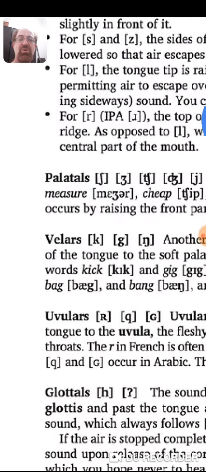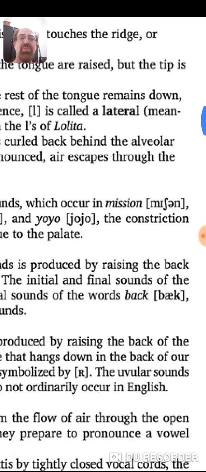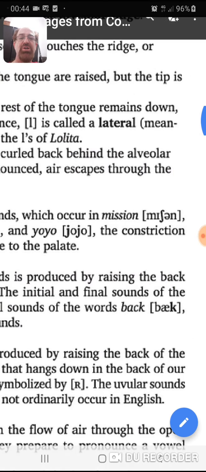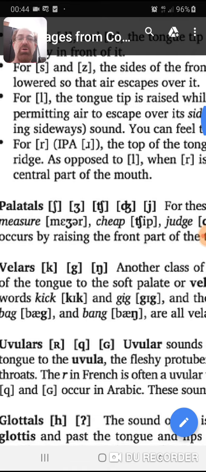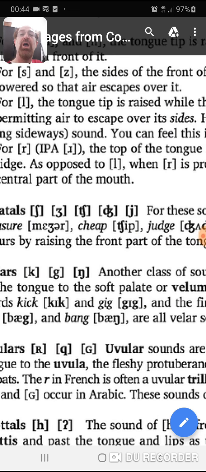Let's see. Well, you don't have problems with these sounds. Mission, no problem. Next, you have measure. Maybe you have problems with it. You have to say measure, like Lebanese. The next one is cheap, excellent in Arabic of Iraq.